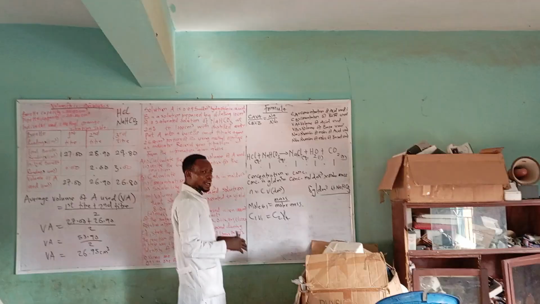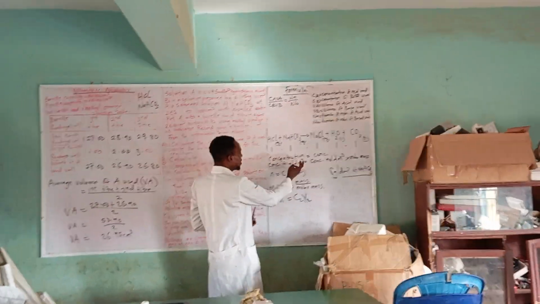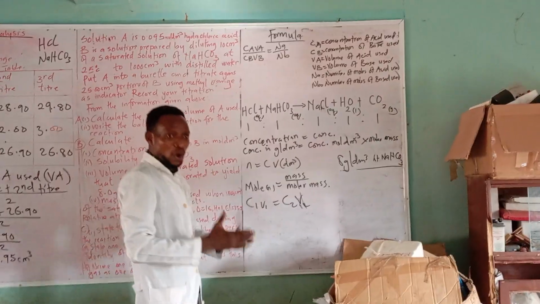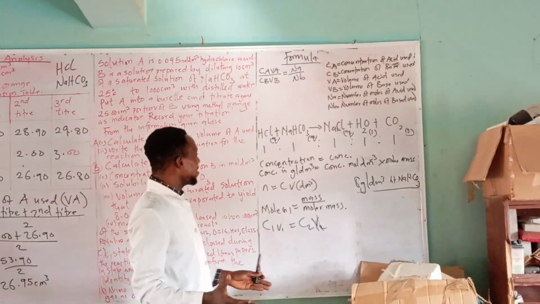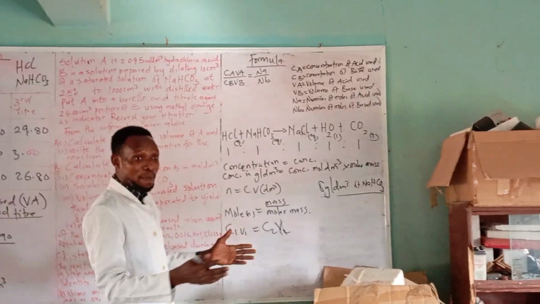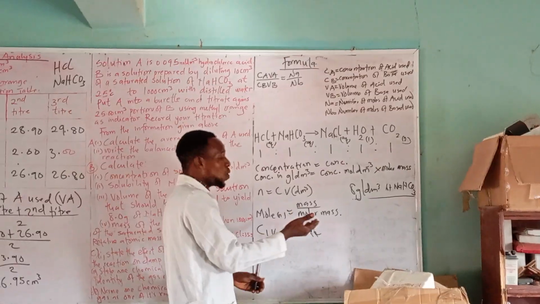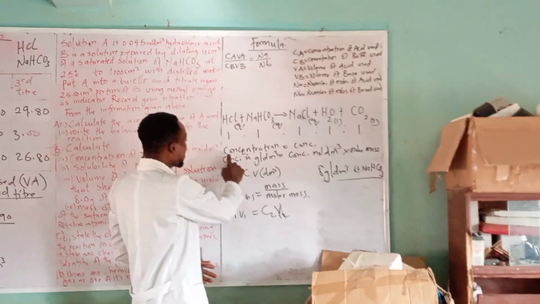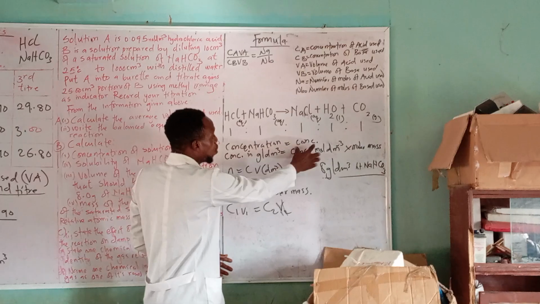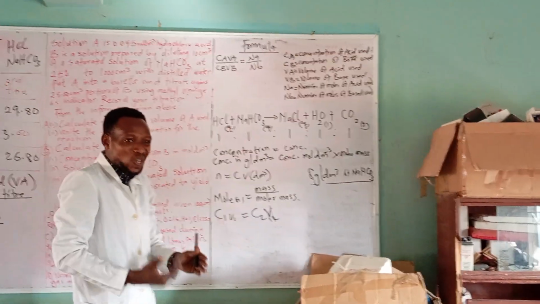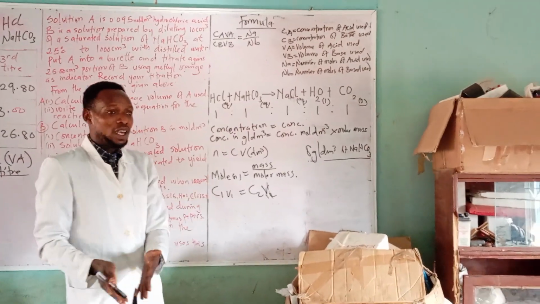Now, we can still use other things. We are used to writing conc in dm³, conc in cm³, and mole per dm³ and gram per dm³. So what is conc? Concentration, right? Yes. Write it out that the hint concentration equals conc. So anywhere you repeat conc, they will know you are talking about concentration.